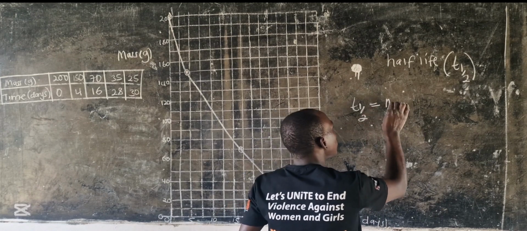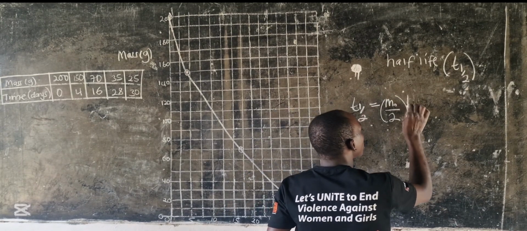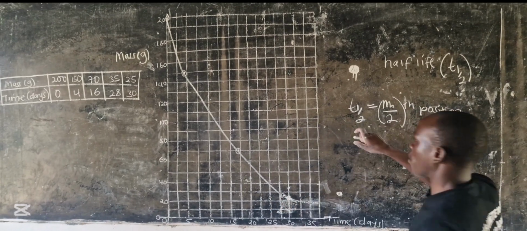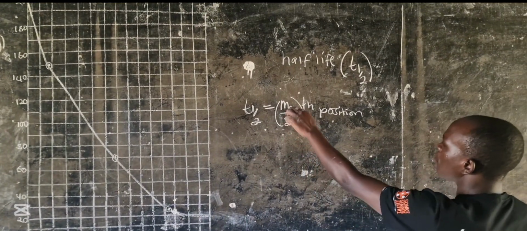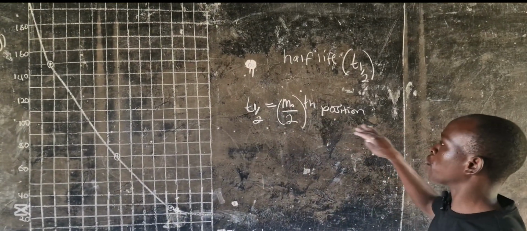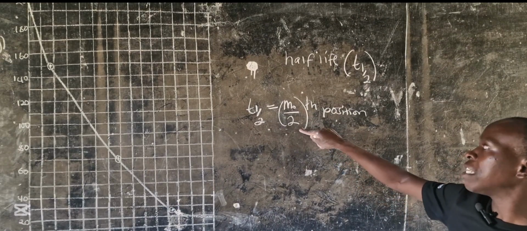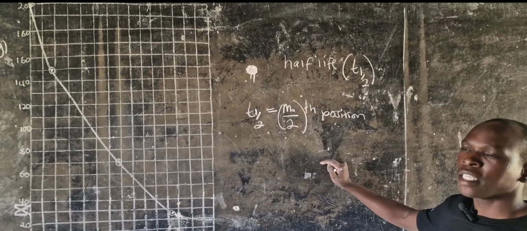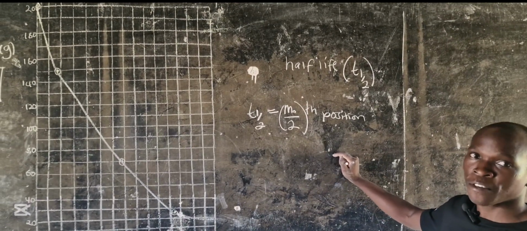We can get it from the formula: T half position is m naught over 2. In other words, m naught is the original mass divided by 2, because we are halving the original mass. Remember, it is the time taken for a radioactive sample to decay to half its original mass.